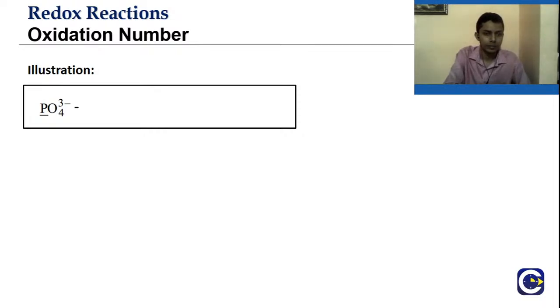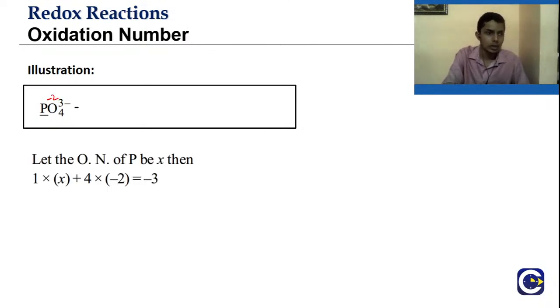Again, the same logic: the oxidation number of oxygen will be -2, phosphorus will be X. So if I do algebraic addition, it will be X plus 4 into -2, but instead of 0, now it will be -3. Since it will be -3, the X value will become equal to 5.